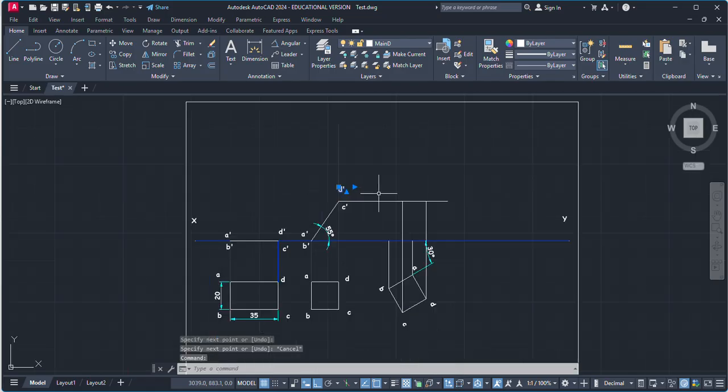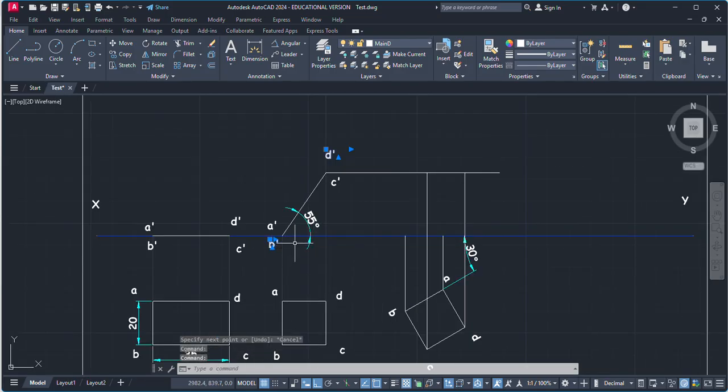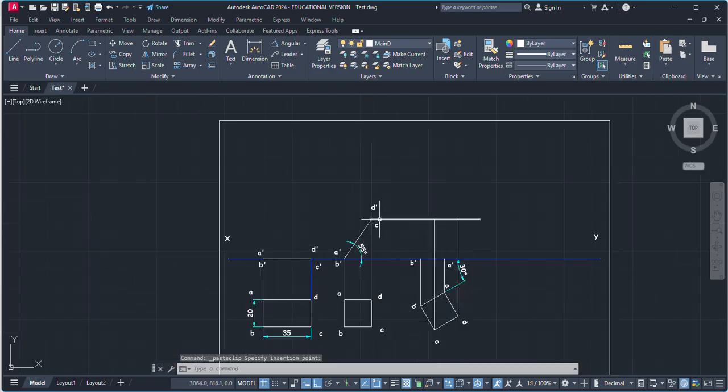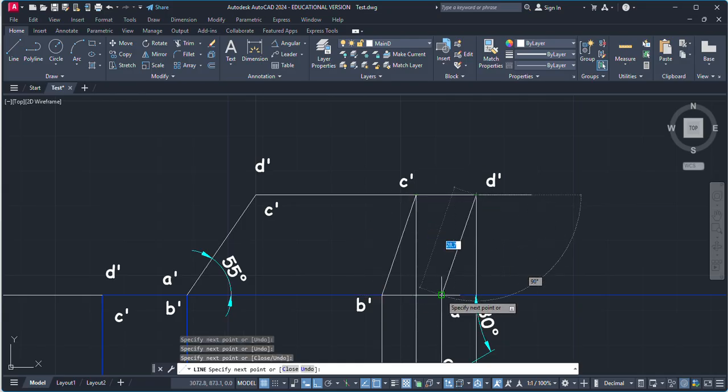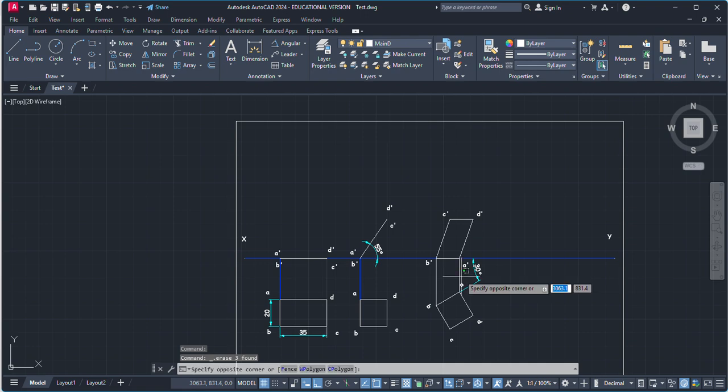So this one is B dash, this one is A dash, this one is C dash, and this one is D dash. Now connect these points A dash, B dash, C dash, D dash, and A dash. Now, you can see this is a solution.